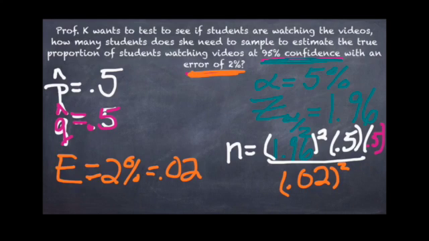So in the end, that's going to give us a sample size of 2401. So in order to get an accurate view, I would have to sample quite a few people.